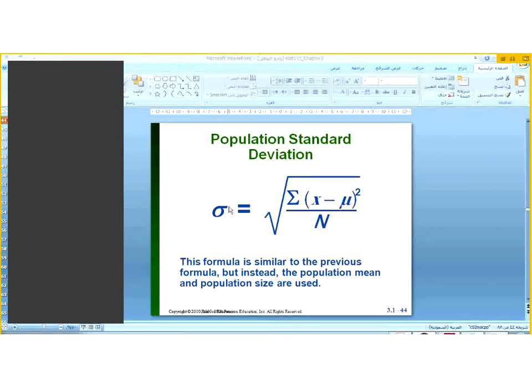We use the notation sigma instead of S, and here we use mu instead of X bar. And here capital N instead of what? N minus 1. In the sample, I divide by N minus 1. But in the population, I divide by capital N only.